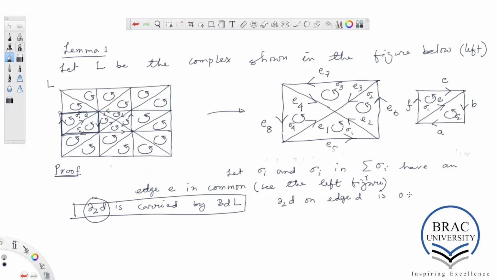So we are supposed to orient the one simplices arbitrarily, okay? So a possible orientation is suggested here. So let us now focus on the contribution of sigma 1 and sigma 2.